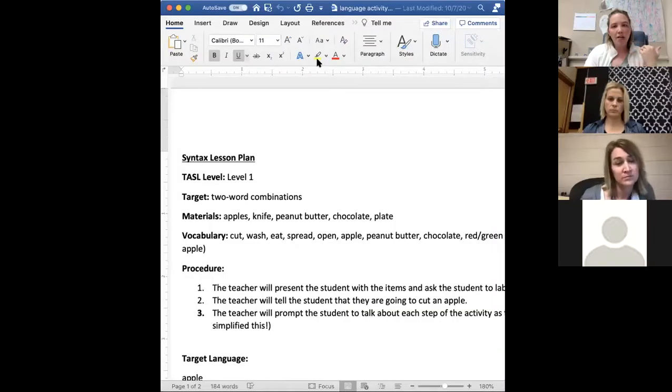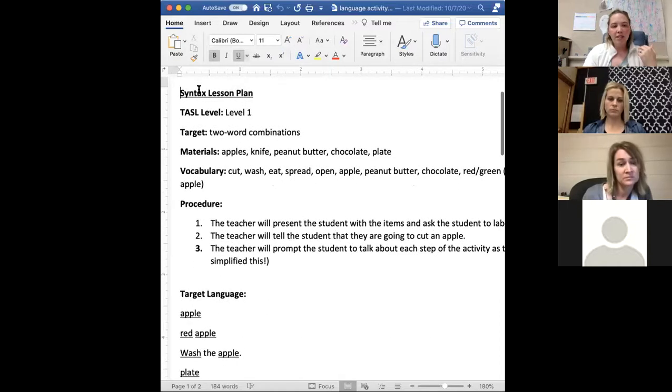But the big thing is they have to transfer that into language, and they have to transfer that into all those different types of language levels. And so here would be a language lesson plan incorporating 2-word combinations.